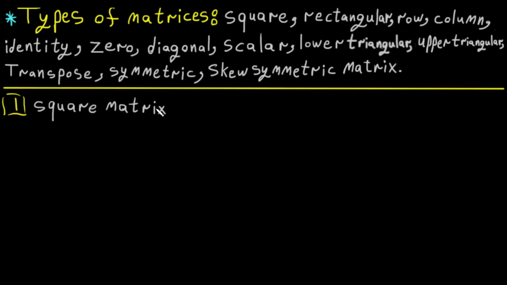First one, square matrix. From the name square matrix, as we know, the square has each opposite side equal. This is the same thing.